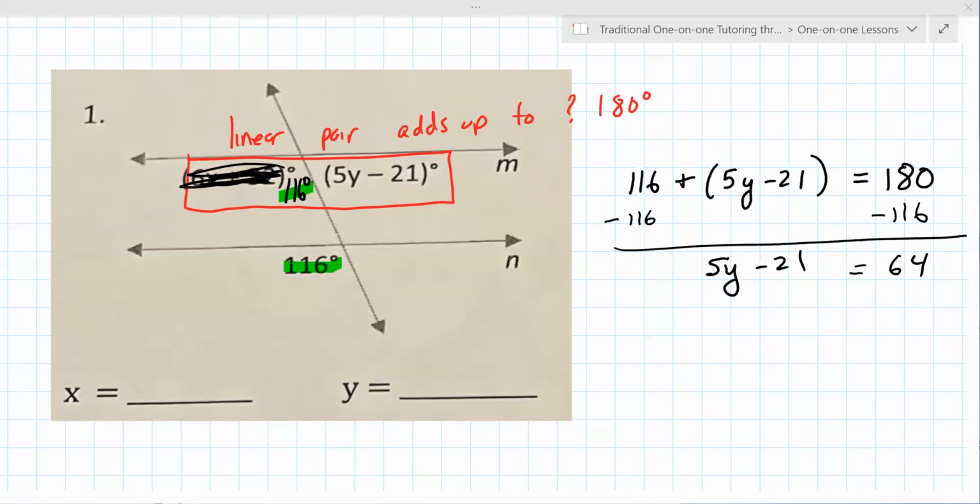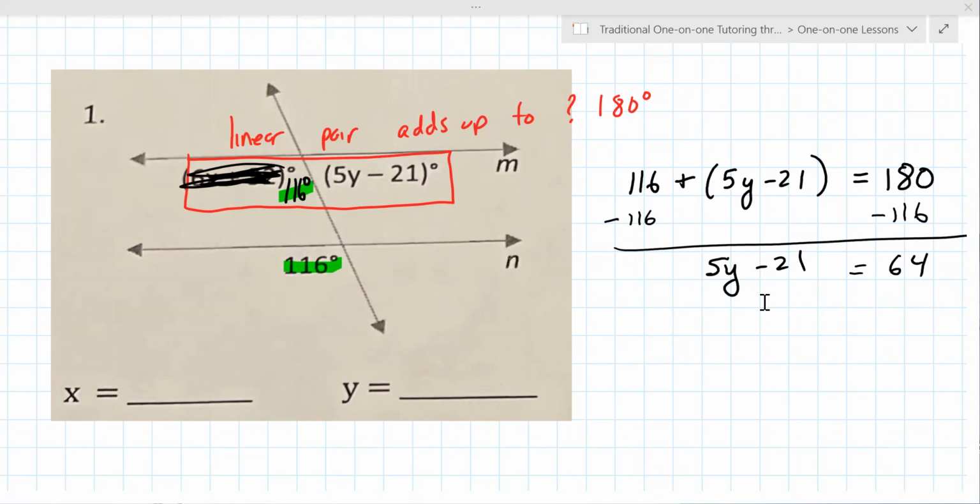All right, let me just write this down. You have to add 21 to both sides.